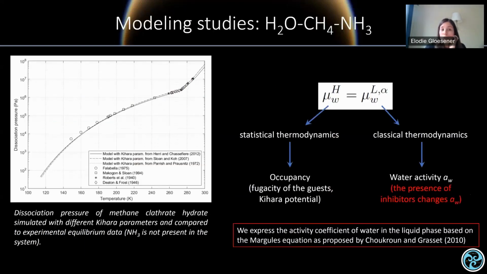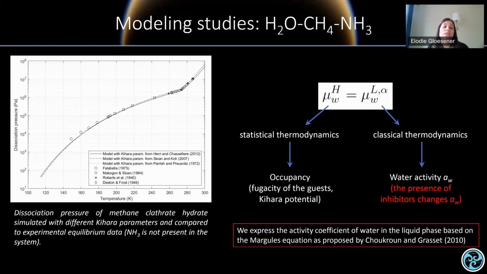In addition, we also modeled the effect of ammonia. Our thermodynamic model is based on the equalization of the chemical potential of water in the hydrate phase and in the liquid or ice phase. The chemical potential of water in the hydrate phase is given by statistical thermodynamics, so we used the van der Waals and Platteeuw model, which is a well-known model for the thermodynamics of clathrate hydrates.